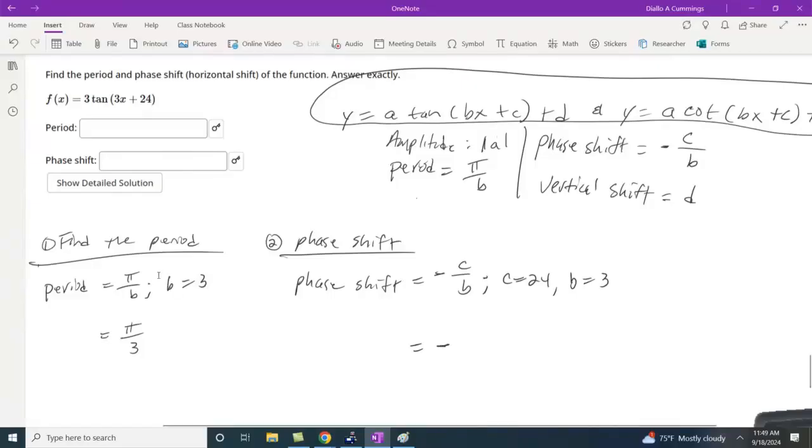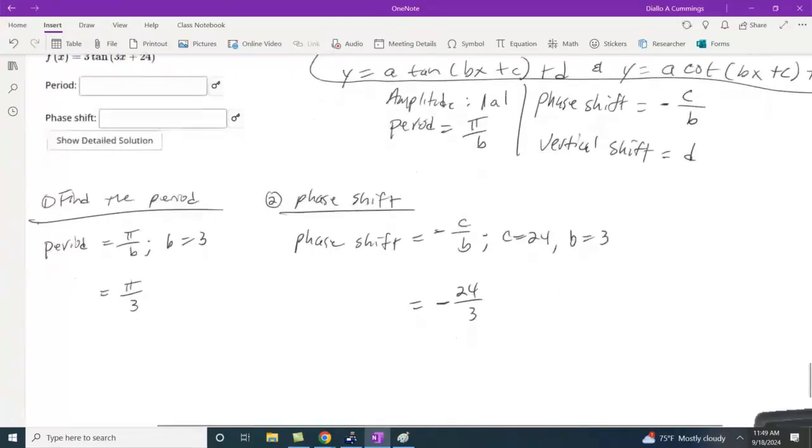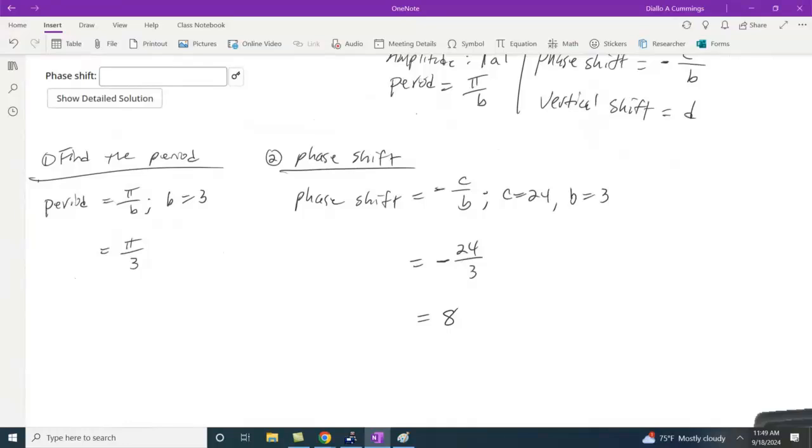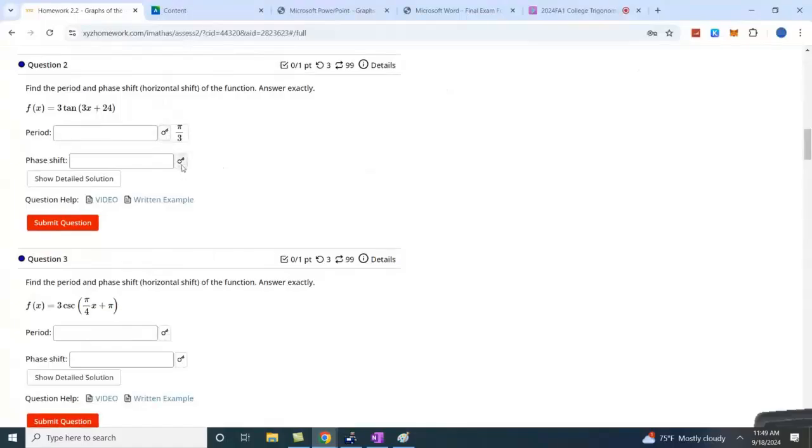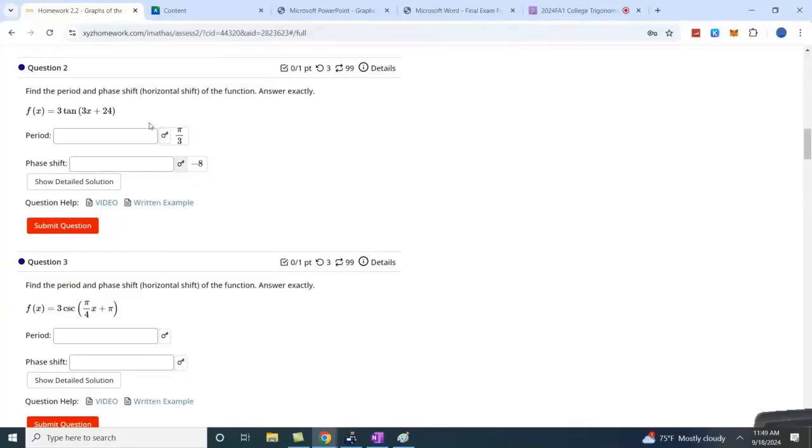Remember that there is a negative from my formula. I'm going to put c, which is 24, over b, which is 3. So my phase shift should be negative 8. All right, so for number 2, excuse me, the period is pi over 3, and the phase shift is negative 8.